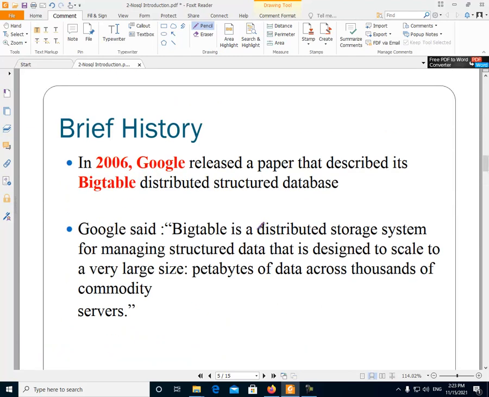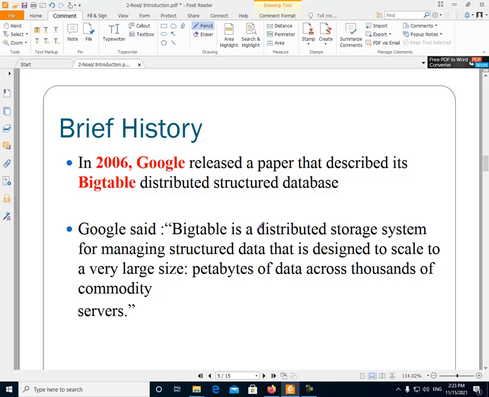If we want to have a brief history of the NoSQL database, it first started in 2006 when Google released a paper about Bigtable. Bigtable was the first NoSQL database that was introduced by Google.